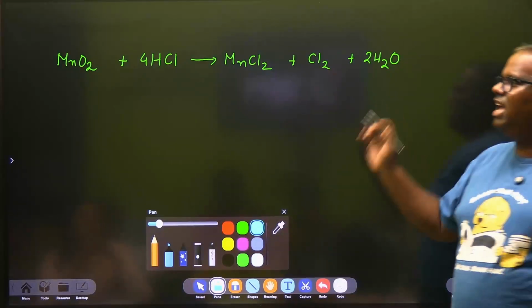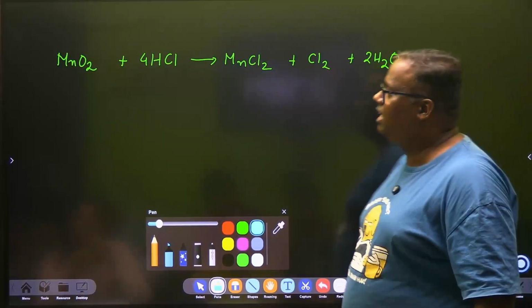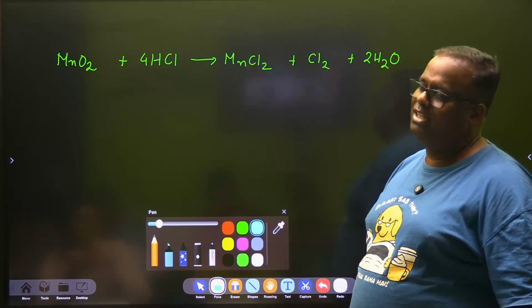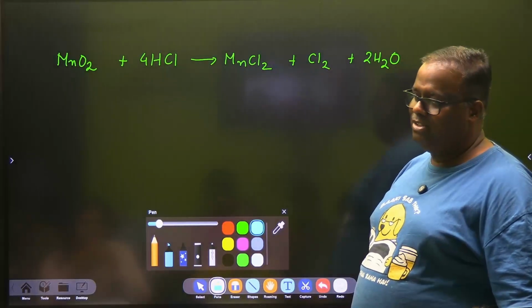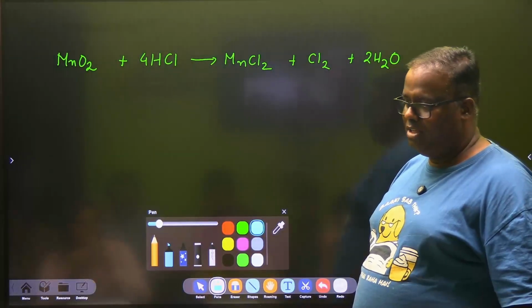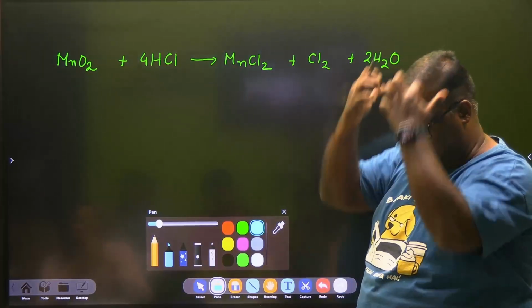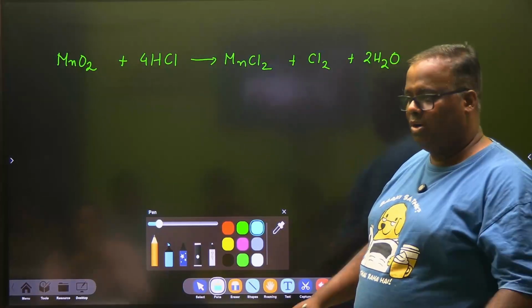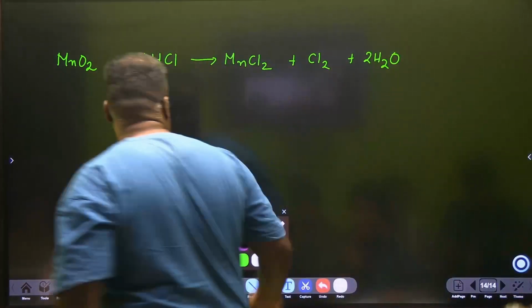Now, in this reaction, if you try your NCERT technique of addition of oxygen and removal of hydrogen, you will just be scratching your head like this. So let's put our AK-47. Ready?